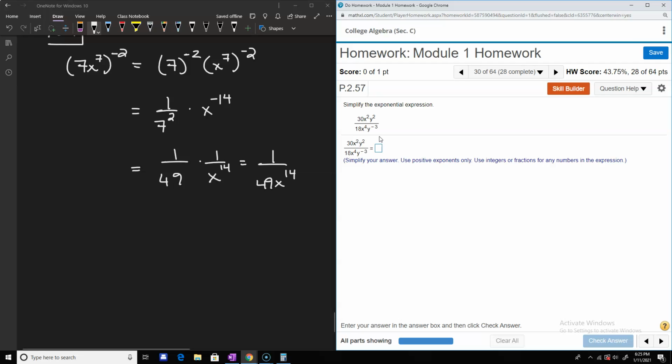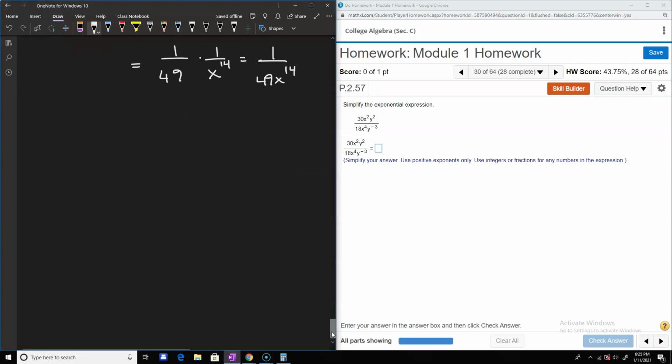All right, number 30, we've got some more exponent simplification. Again, this is just rehashing your skills with rules of exponents. So we have 30x squared y squared over 18x to the 4th y to the negative 3rd.